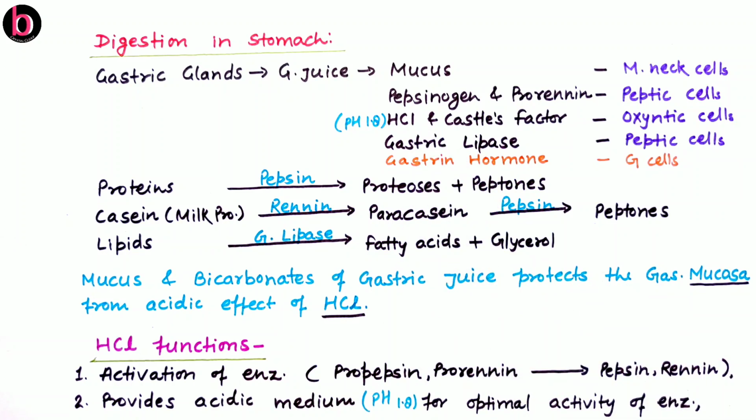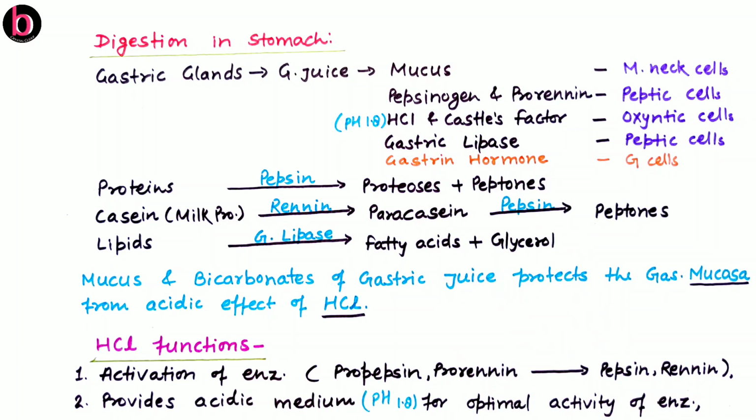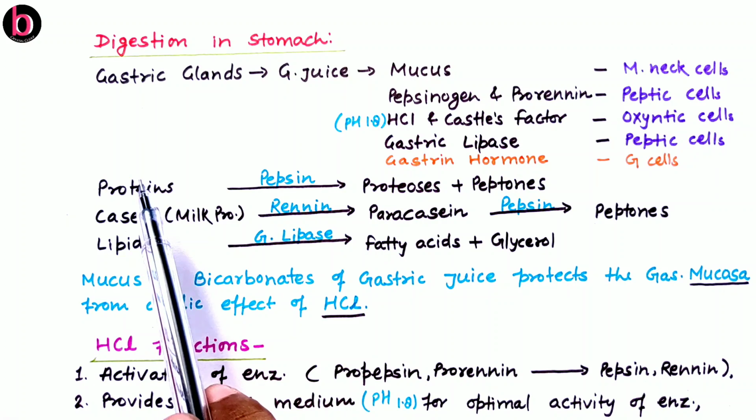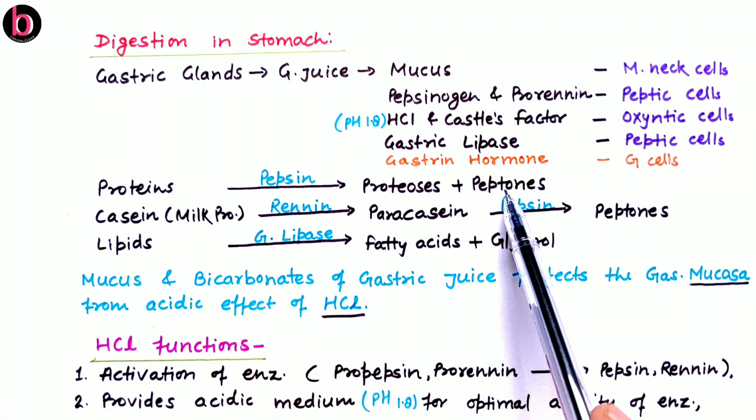This hydrochloric acid is responsible not only for their activation but also carries a number of functions that we'll discuss later. So first, pepsinogen and prorenin are activated and cause conversion of proteins into proteases and peptones.